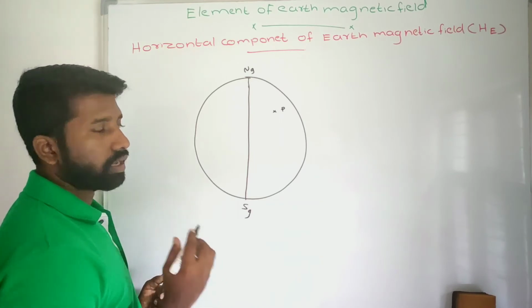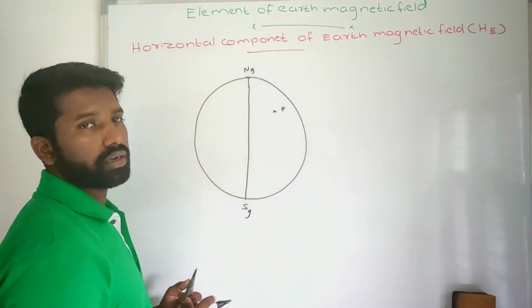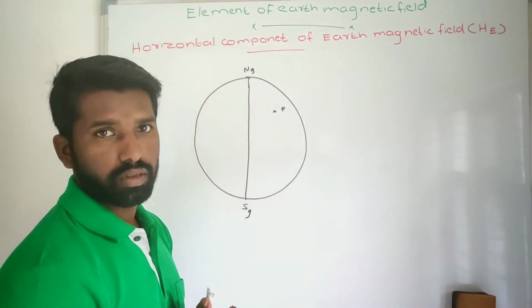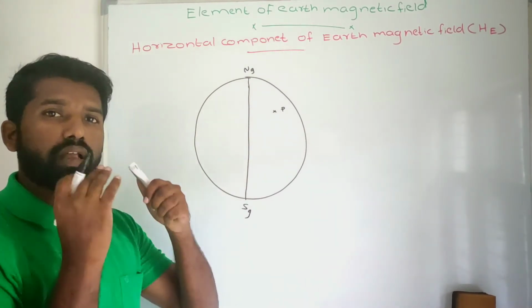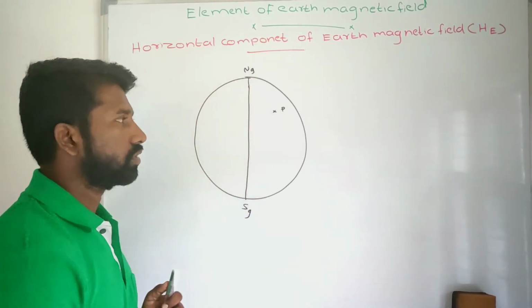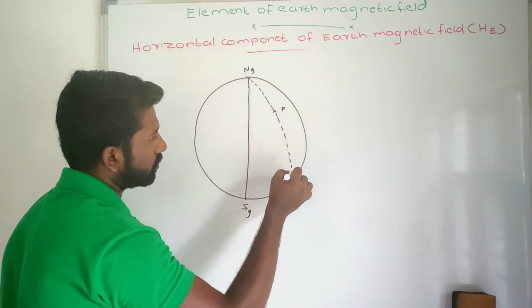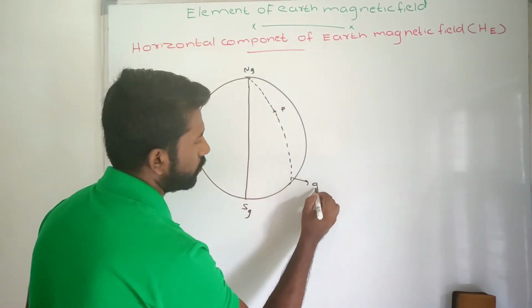For that, I am first going to draw a geographic meridian. A geographic meridian is a vertical plane which contains the longitude and the axis of rotation. So I am going to draw it like this. This is the geographic meridian.